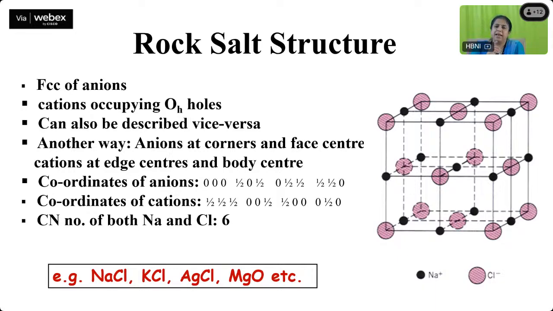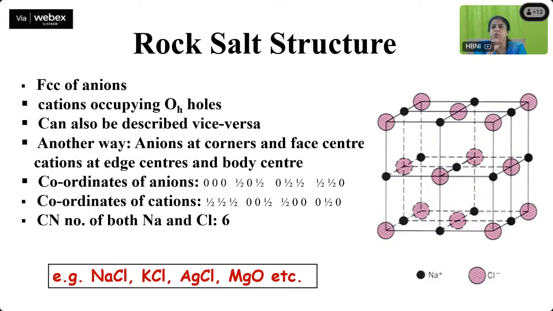Okay. Now, again, you can ask me, here it was interchangeable, most of the time it will not be. But I tell you, try that you always make the unit cell or the cubic or the close packing of anions and put cations in the void. Why is it so? Because your anions are bigger.